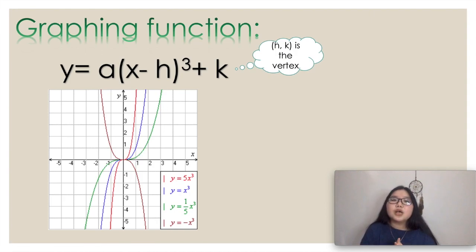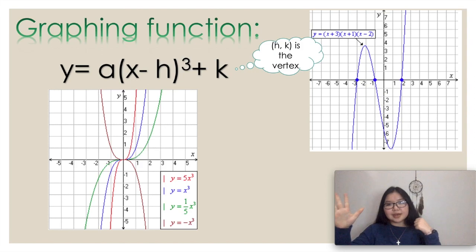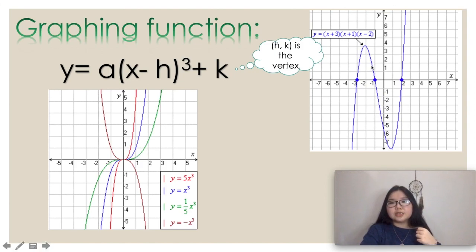It's easy, right? You can also change the value of h in order to move it to the right or to the left. If you move it to the right, just put a positive value into this one. So maybe 2, maybe this point is 2. So x minus 2.